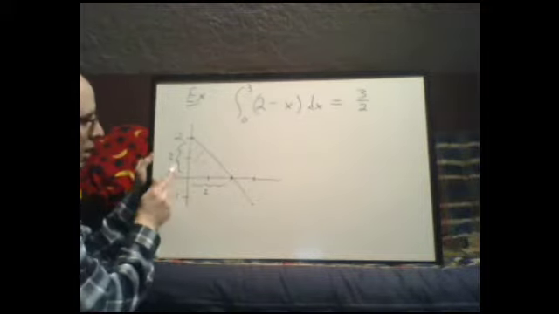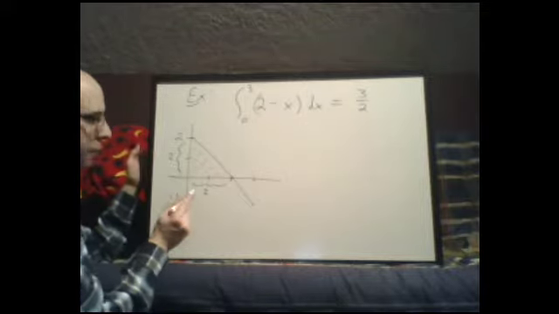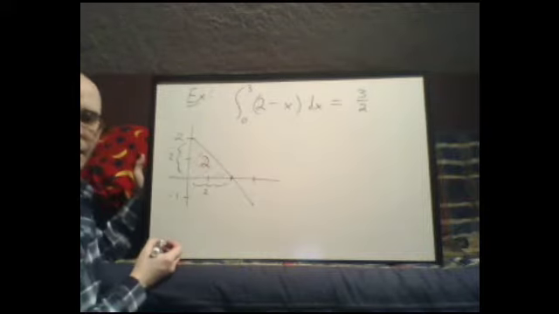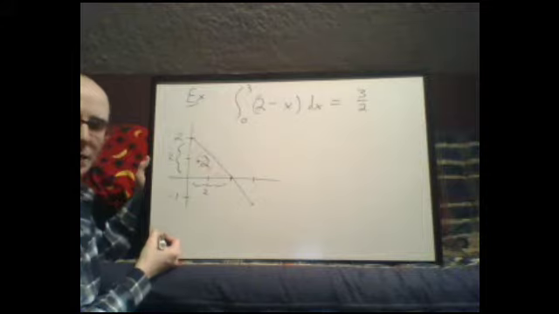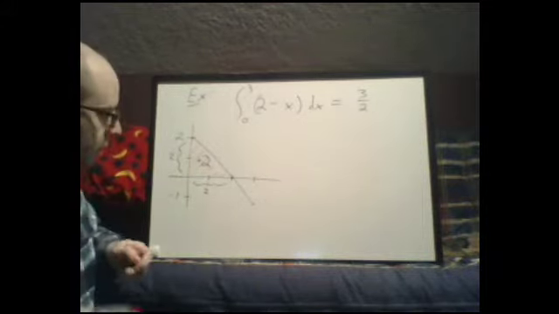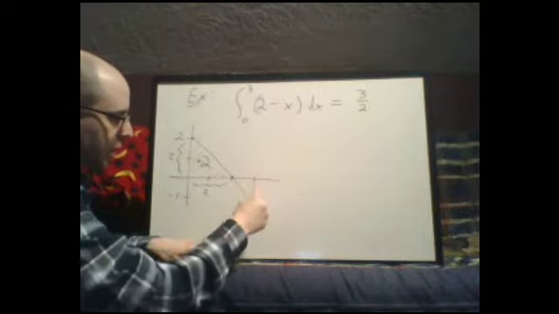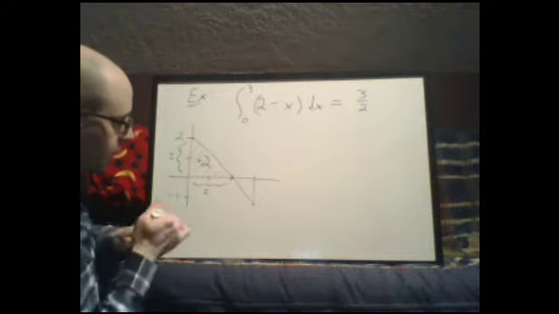Base times height is 4, so 1/2 is 2. This area here is 2, and it's a positive 2 because it's above the x-axis. Our second part of our integral is this triangle down here. I guess I should shade it.